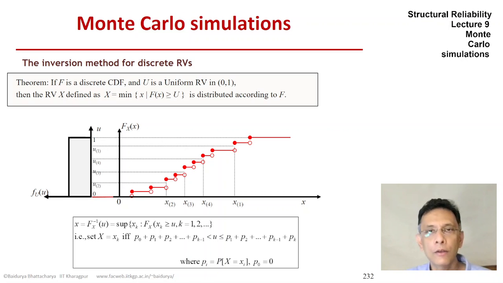So in the block below the figure, you see the comparisons that need to be done. The very first time that the cumulative probability exceeds the uniform deviate generated, that gives me the value of the discrete deviate.